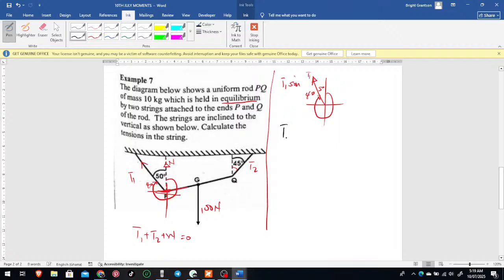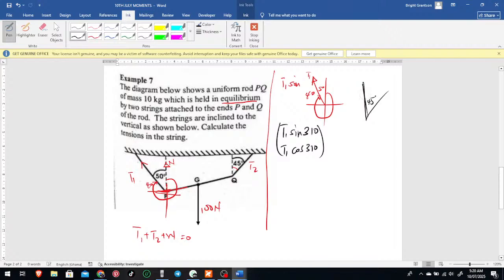So T1 sine 310, T1 cos 310. That becomes the first force. Then the second force becomes what? That broken line and 45 degrees.